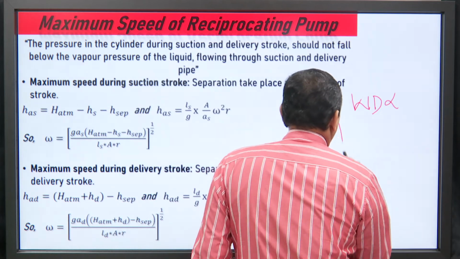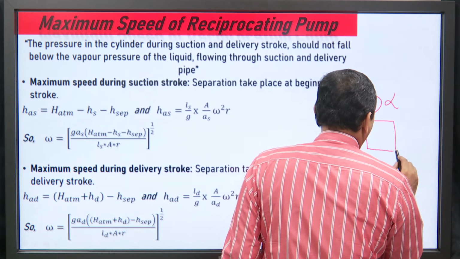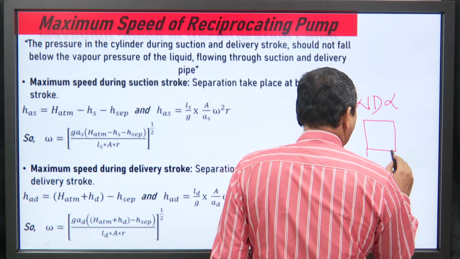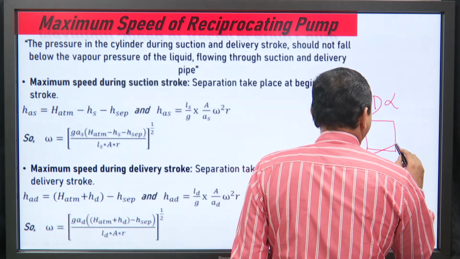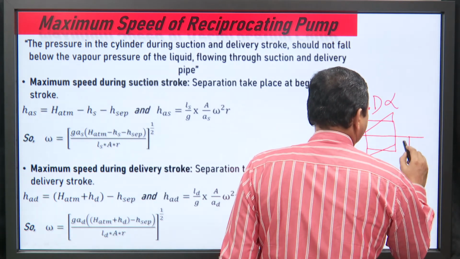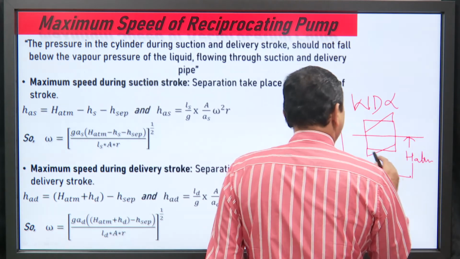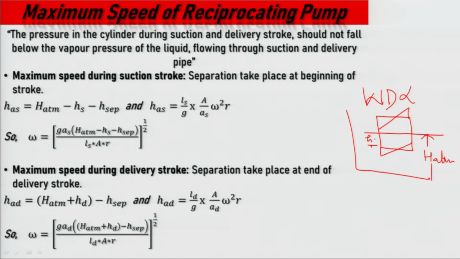If you remember the diagram, this is the ideal indicator diagram. This is H atmospheric, this is H s, this is H d, and this component is H a d.